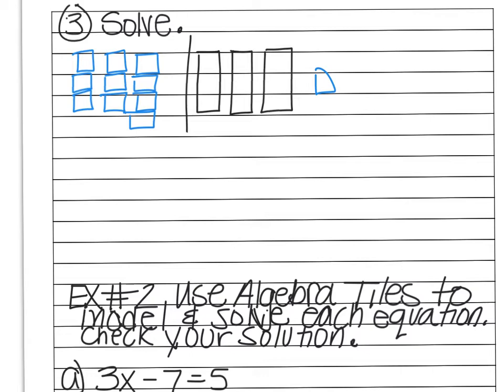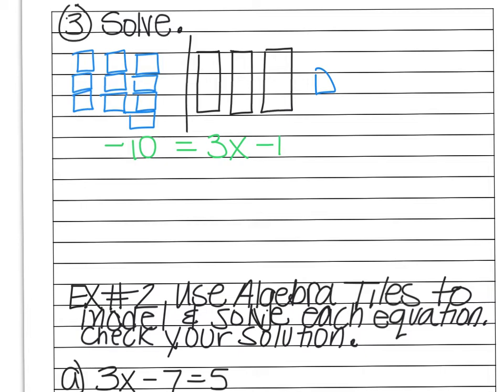Looking at number 3, it says to solve, so we're going to write our algebraic equation out, looking at our algebra tiles. On the left, we have 9 plus 1, so 10 negative blue tiles, which represent the -1s, equaling, we have 3 of our long rectangles, which represent x, and then we have our -1.